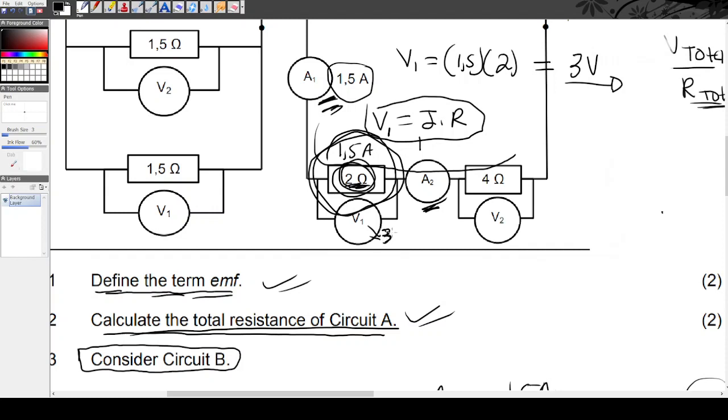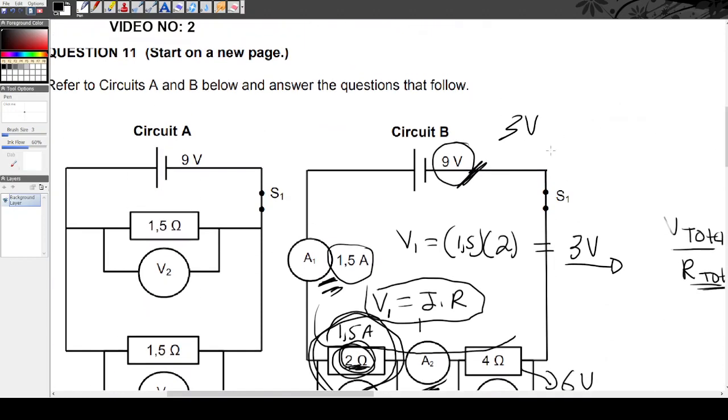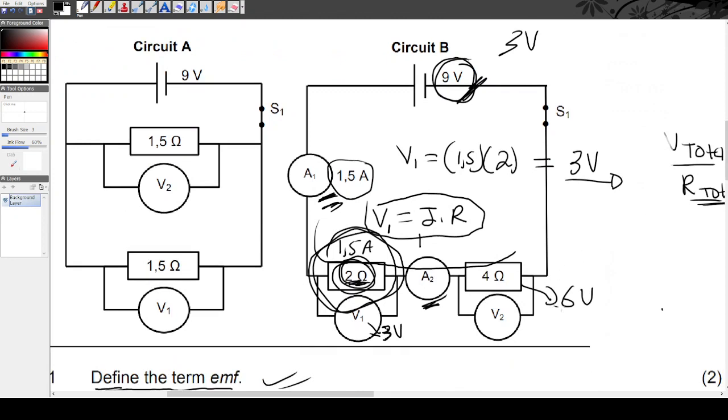If this one is using 3 volts, it means this one is using the remaining 6 volts, because the total voltage here was 9. So 3 plus 6 gives us the total of 9. I hope that makes sense. Keep that in mind. It's very important.